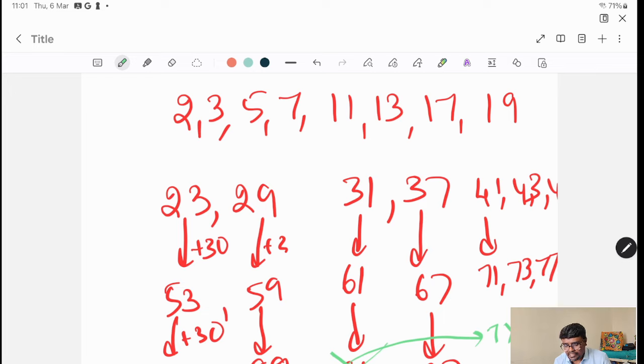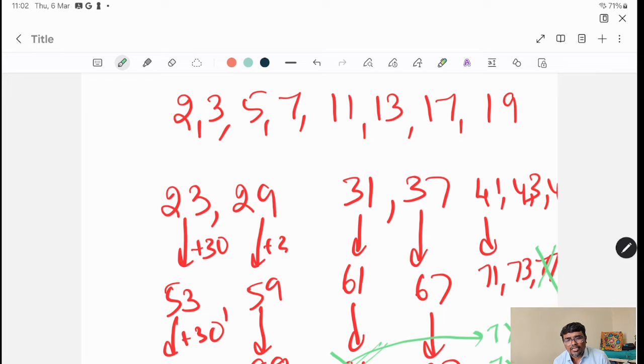And here I also intentionally wrote 77. 77 is not a prime number. That is also a multiple of two prime numbers, 7 into 11.